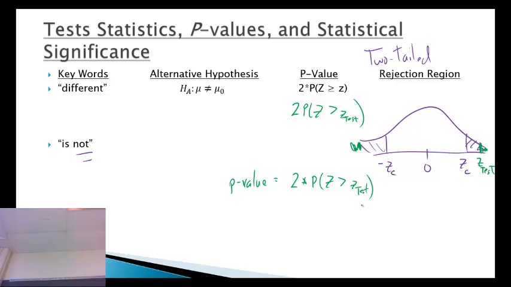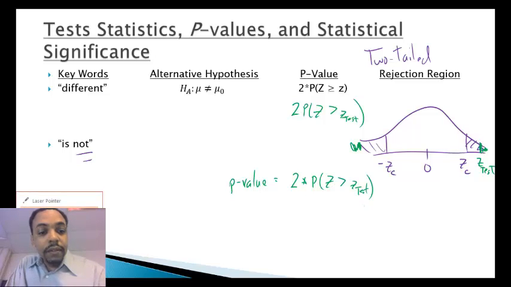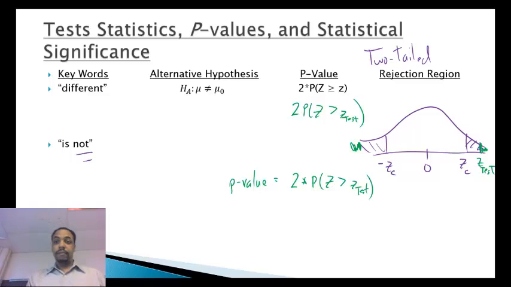So if you can find this area in your chart, and you must find the area below some z-score as well, then you just double because it's symmetric. Like I said before, get out your calculators.